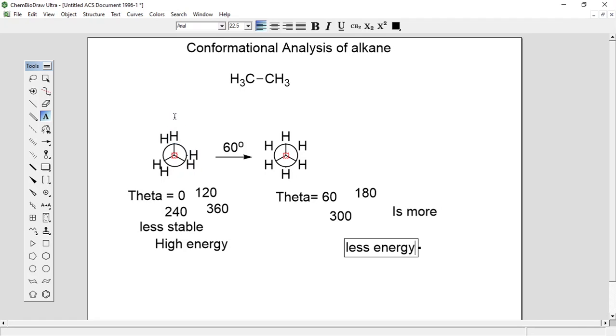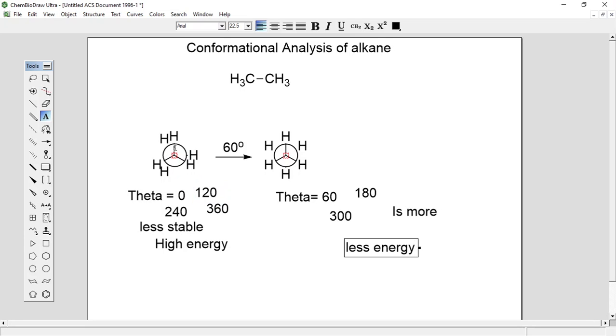In ethane the substituents are hydrogen, so this represents the angle between the first hydrogen and the second hydrogen. The angle is 0, so at this dihedral angle 0 you will get the eclipsed conformation. When you rotate by 60 degrees, the dihedral angle is 60 degrees and you will get the staggered conformation. Again, when you rotate by 60, it will become 180.